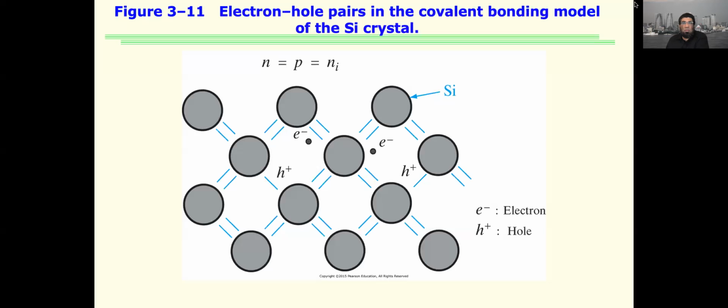The intrinsic value of charge carriers in silicon would be 1.5 times 10 raised to power 10 electrons per centimeter cube. We'll always be talking about a volume when we talk about charge carriers.